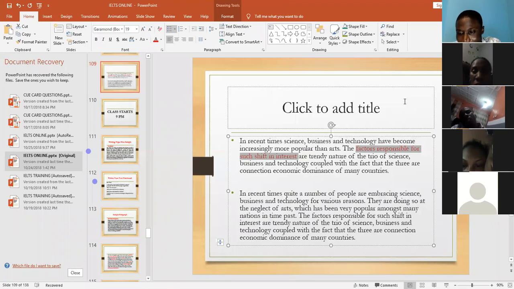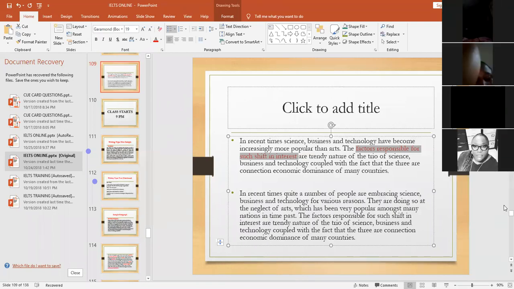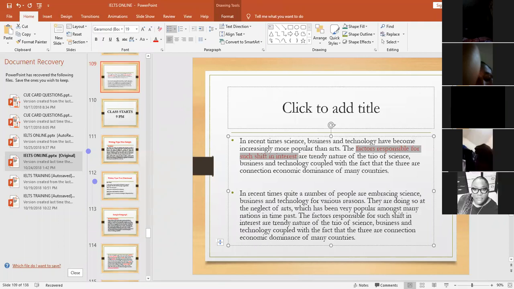So we need to deliberately develop the attitude through reading journals and good articles. Is there any question? If there is no question, is there any comment?